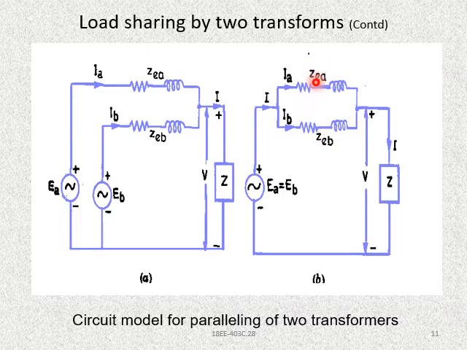ZEA is the equivalent impedance of transformer A and ZEB is the equivalent impedance of transformer B, and both are commonly sharing a common load of Z with a common current I and common voltage V.